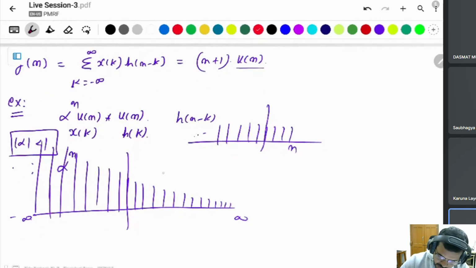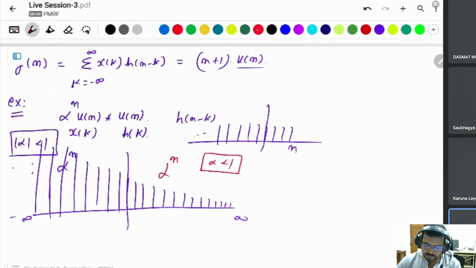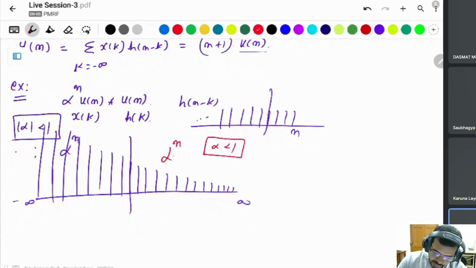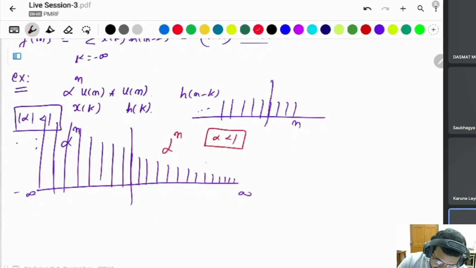Okay, it means this is alpha power n where alpha is less than 1. The same thing if alpha is greater than 1, the order is reversed. But it is multiplied by un, that's why the whole other part of the signal will be cancelled out to 0, only this signal is present.